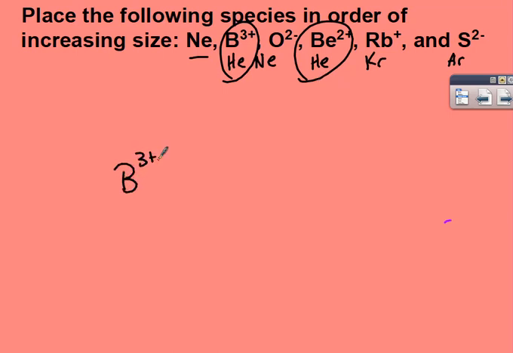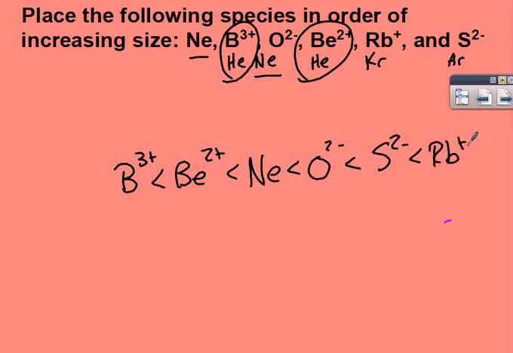So Be +3 is more positive than Be +2. Then I'm going to look at my neons. The more positive it is, the smaller it is. The more negative it is, the larger it is when they're isoelectronic with each other. So neon is neutral, and oxygen has a negative charge. And then krypton is bigger than argon, so that should have been your order.